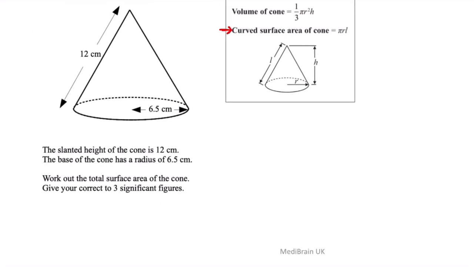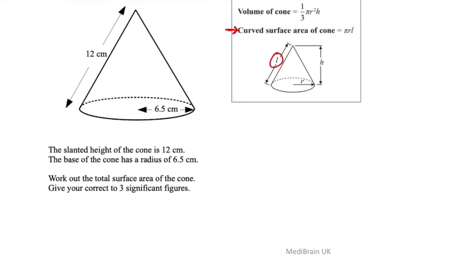Now, in this case, the length is the diagonal thing that you can see, the 12 centimeters. R is the radius. We need to work out the total surface area of the cone. So to work out the area of the curved surface, all you're going to do is pi times R times L. Pi stays the same.